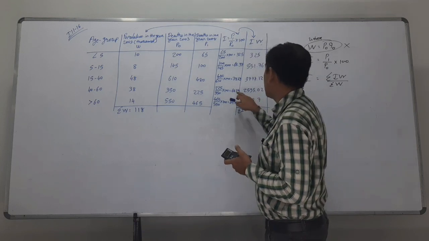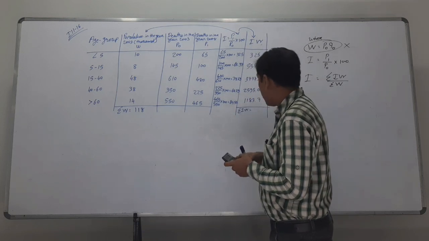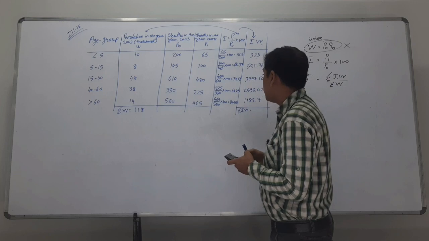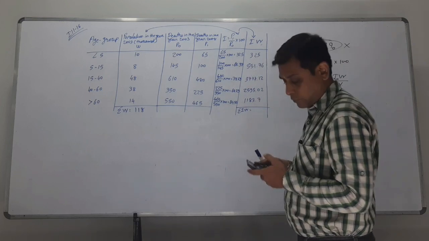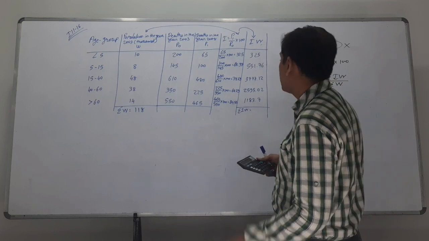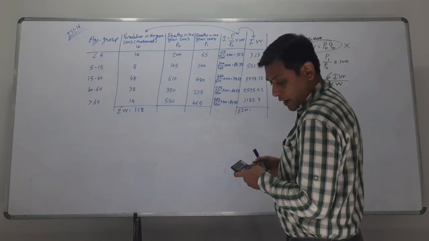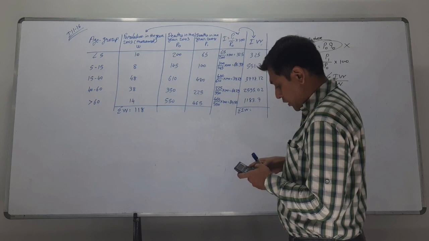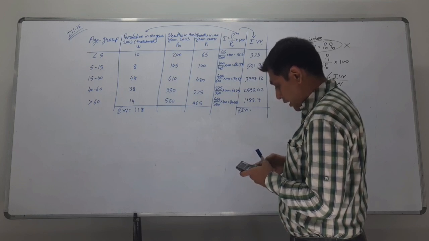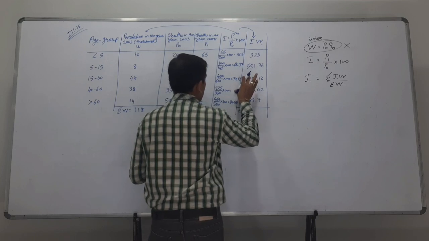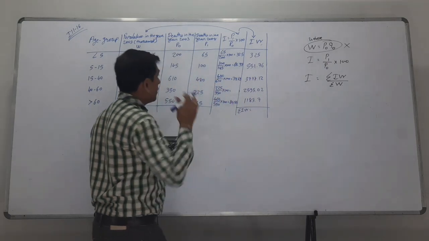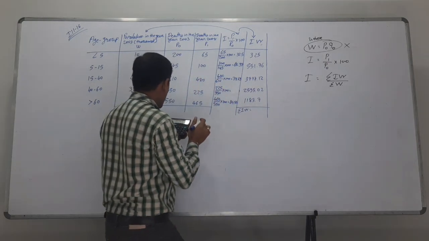See here, the multiplication is wrong. 225 divided by 350 into 100. See, the I is wrong. 64.29.